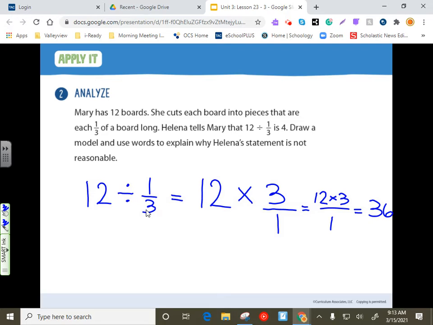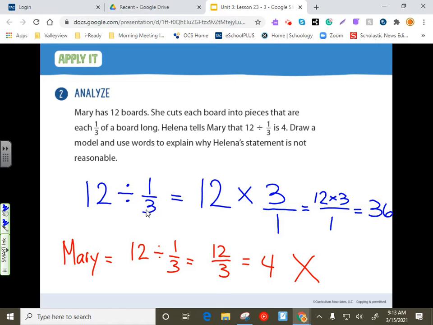So Mary's incorrect, and I'll just designate this as Mary. I suspect she did this. I bet she had 12 divided by 1/3. I'm guessing she changed it to 12/3. And we know 12 divided by 3 equals 4. But that's incorrect.